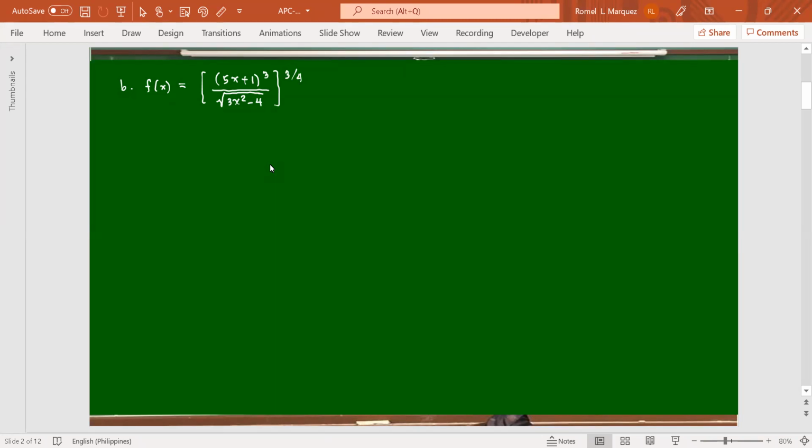You can work on this by first applying one of the laws of exponent and then considering it as a quotient, no? Or you can differentiate it as is. Okay, guys? Which one do you want? No suggestion? Guys? I think better to rewrite it.